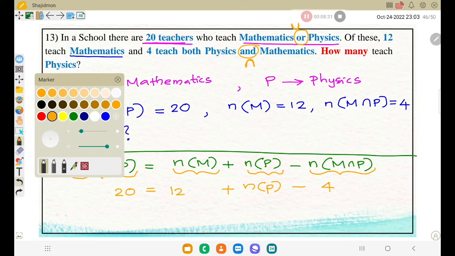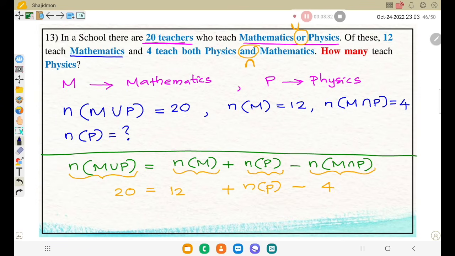Now simplify so that you will get the answer. So 20 equals 12 minus 4, 8, plus number of P, number of physics, correct? 12 minus 4, correct? That is 8.